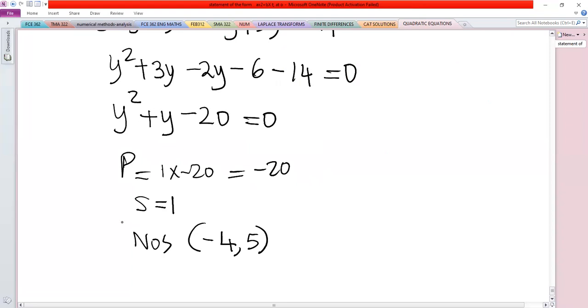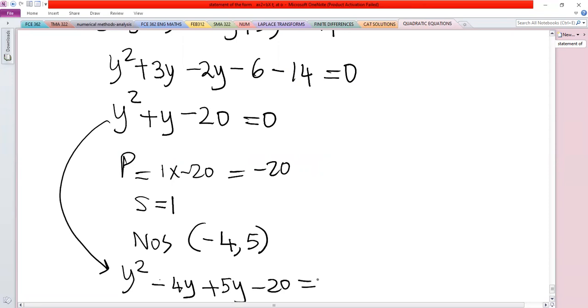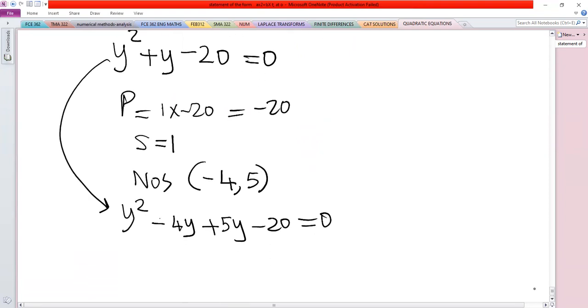So now you write this as y squared minus 4y plus 5y minus 20 equals 0. Then you pair this and this.